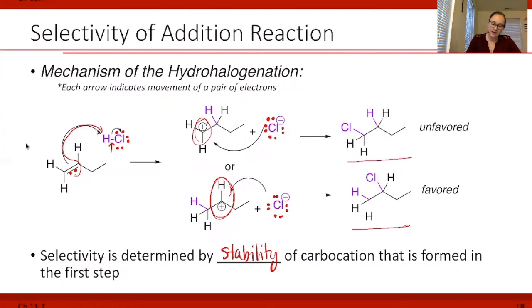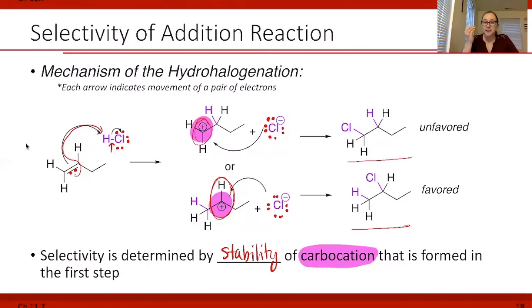A carbocation, let's use our highlighter to be specific, is this here, where we have a cation, or a positive charge, on our carbon. Carbo meaning carbon, cation meaning positive charge.